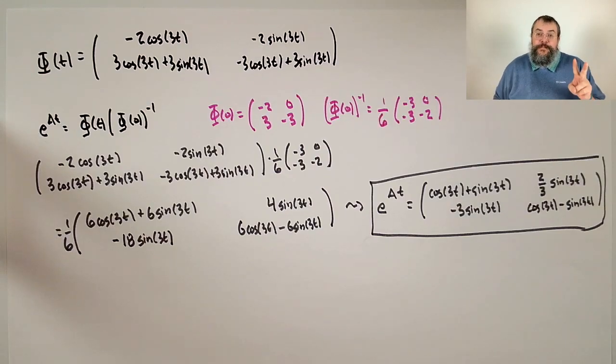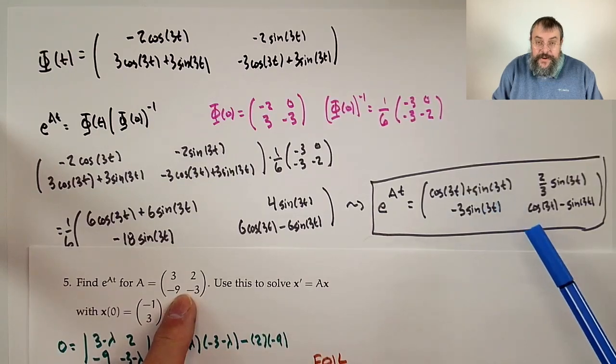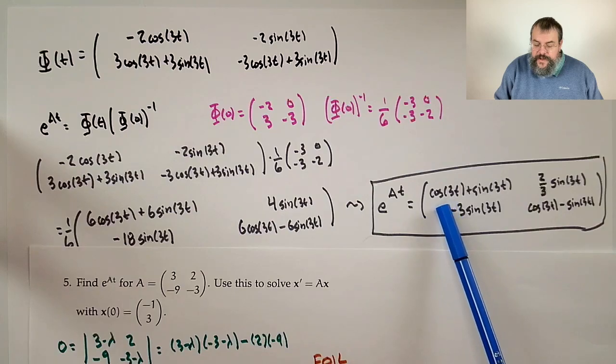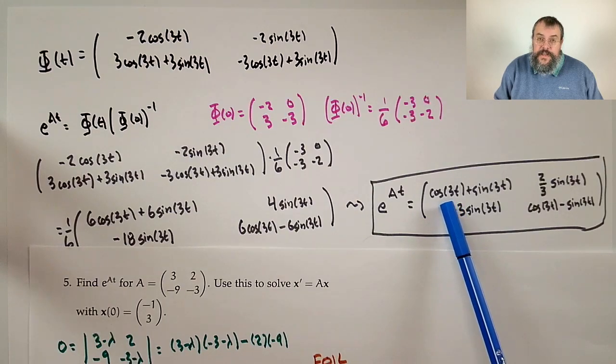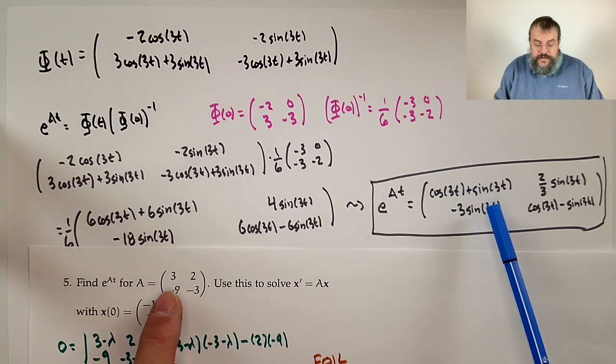Check number 2 is if you were to take the derivative and plug in 0, you should get back that matrix. All right, moment of truth. So, derivative of cosine, negative sine 3t, plug in 0 goes away. Here, derivative of sine would be 3 cosine 3t, plug in 0 gives us 3.